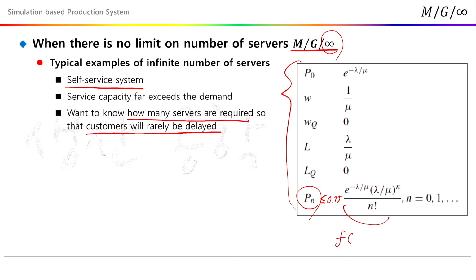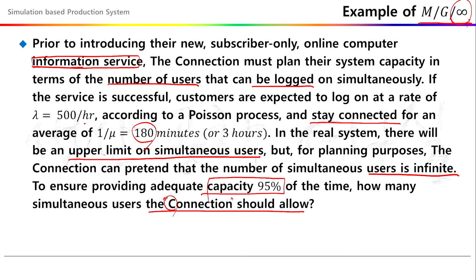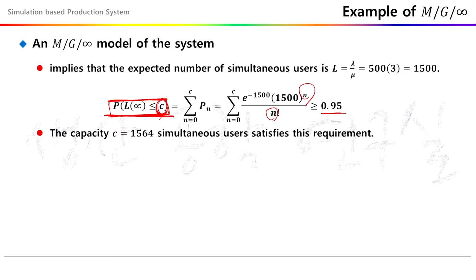This is a function of lambda, mu, and the number of servers in the system. So we already have enough information about lambda and mu here, and from this, the expected number of simultaneous users can be calculated with this formula.